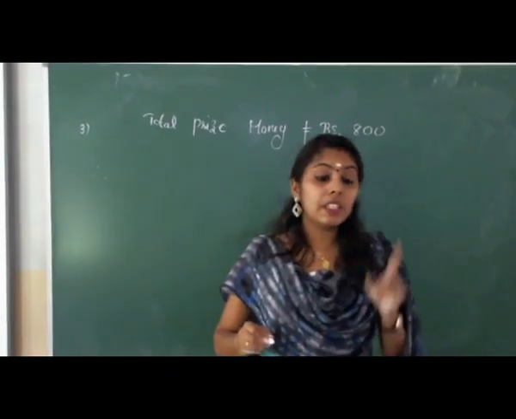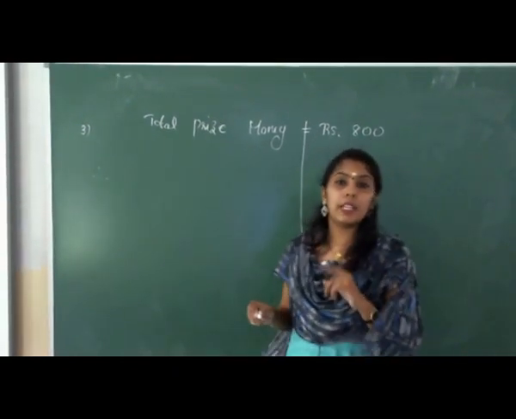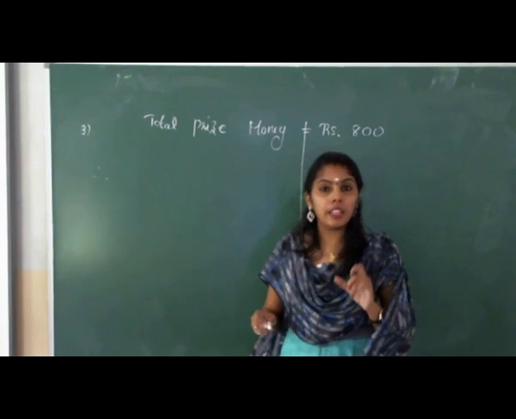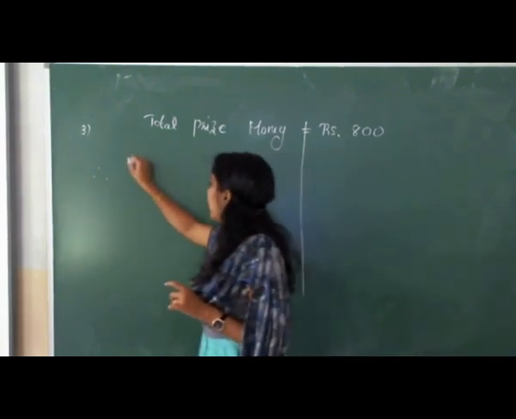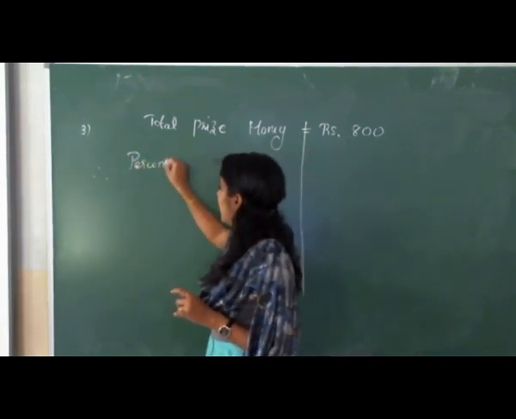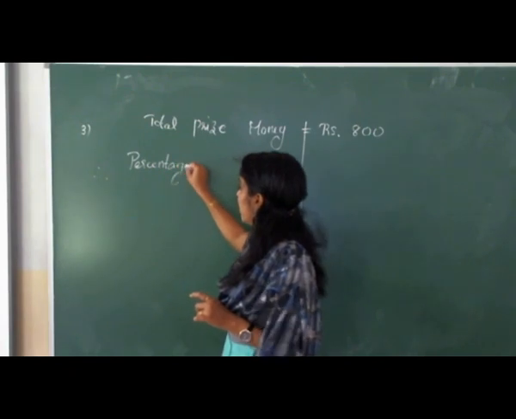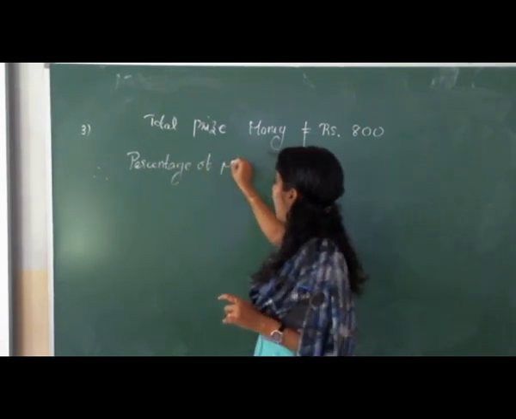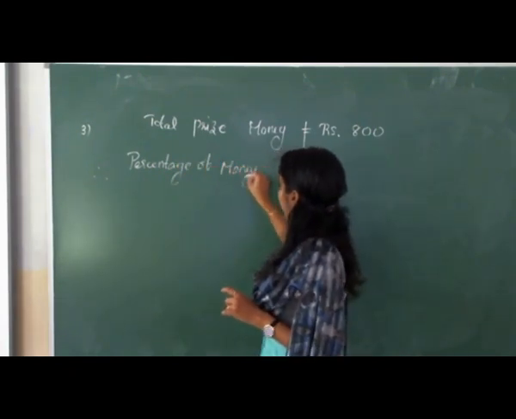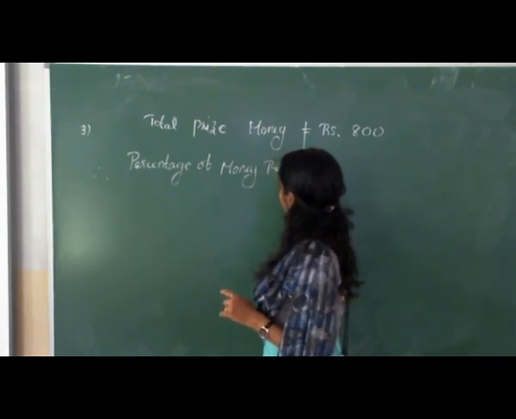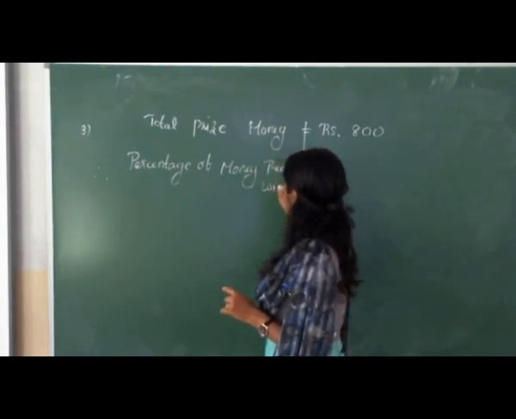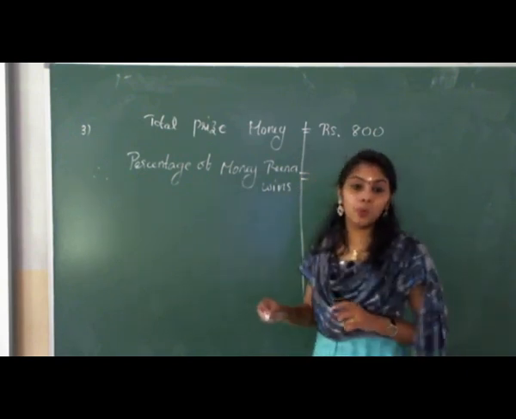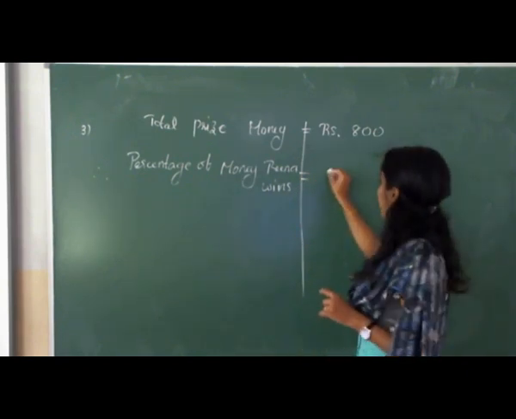If Reena wins 30% of the prize money, percentage of the money Reena wins is equal to 30%.